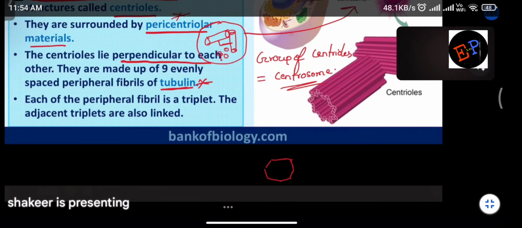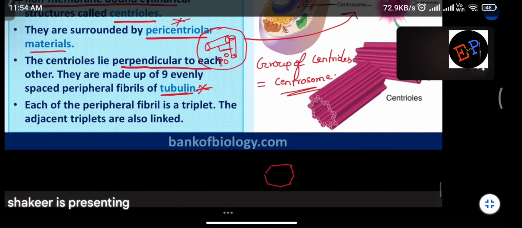Each fibril is made up of a triplet. Triplet means 3 tubules make one fibril. 9 fibrils make one centriole. And 2 centrioles, which are perpendicular, make a centrosome. So this is the arrangement. See in the figure here, you have a triplet.